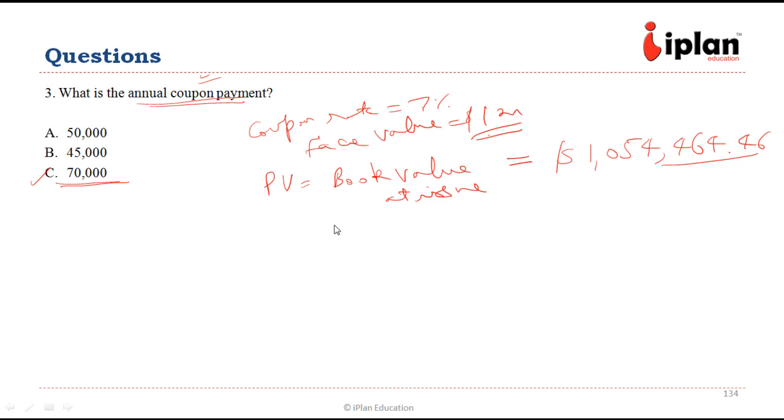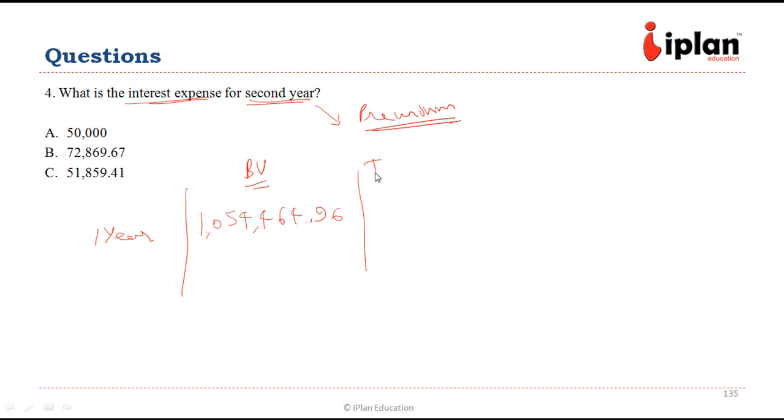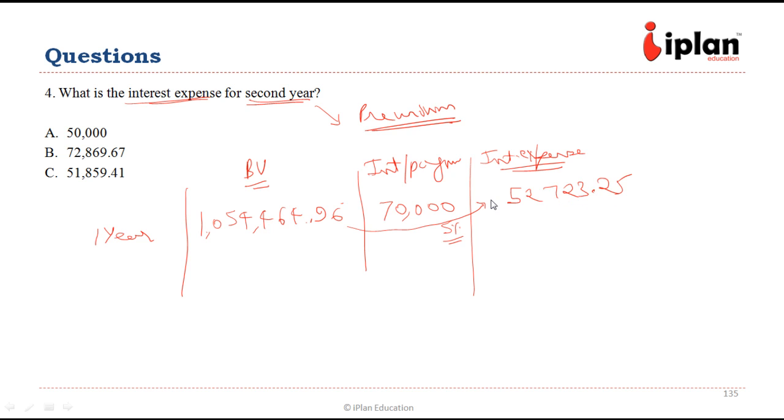Then the interest payment is nothing but the coupon rate, which is the same for every year, 7% of 1 million, that is 70,000. Then the interest expense for the first year is calculated at the market rate at the time of issue, which is given to be 5%. So 5% of this value is the interest expense for the first year.